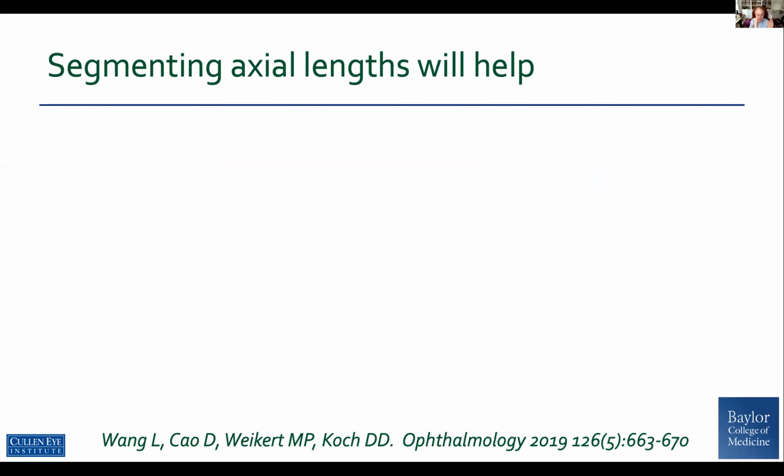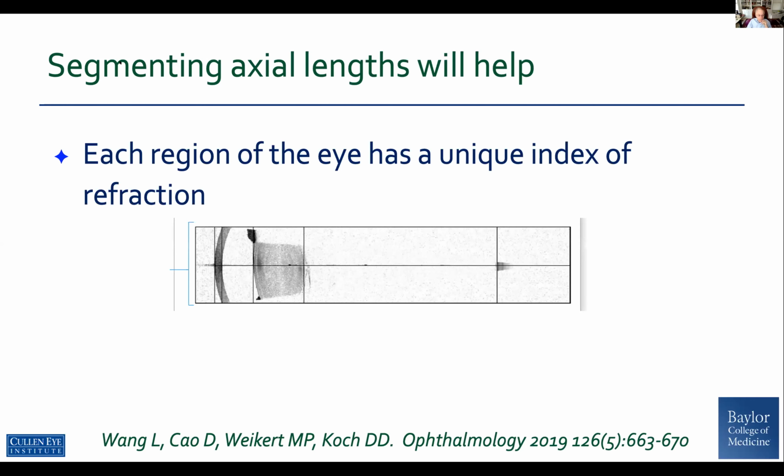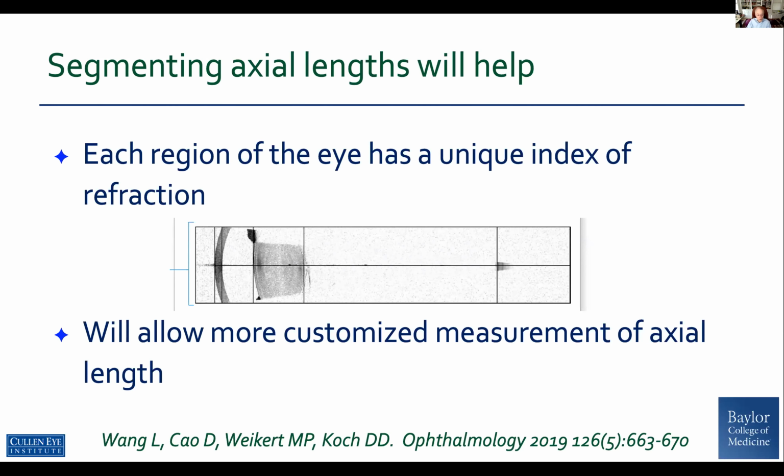But if you take each little segment of the eye and segment it so that you have a different refractive index for the aqueous, a different one for the lens, and a different one for the vitreous cavity, this is going to, I think, make a lot more sense, particularly for those eyes that the Melles study, as Fernanda pointed out, either long or short, where the formulas don't do as well.